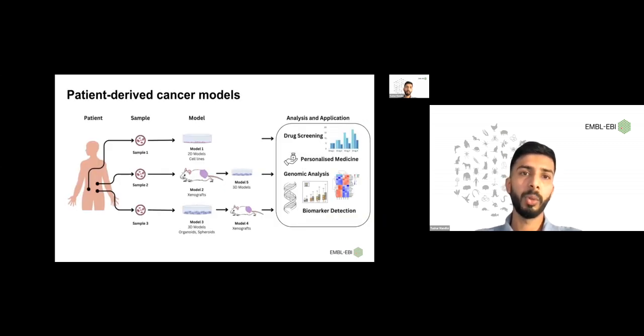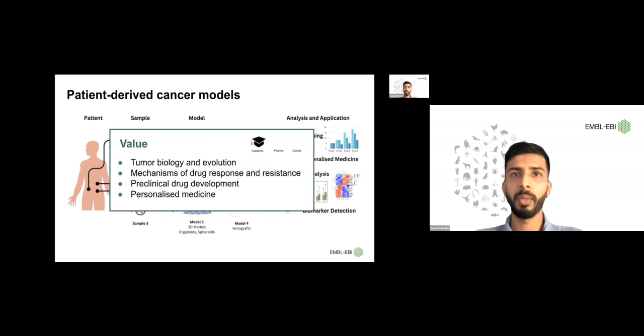These models aim to capture the characteristics and diversity of tumors observed in patients, and these PDCMs can be categorized into xenografts, 2D models like cell lines, and 3D models such as organoids. These models accurately reflect the patient's tumor, which is analyzed for drug testing, development of personalized medicines, predictive biomarker discovery, etc.